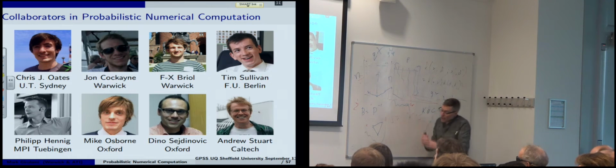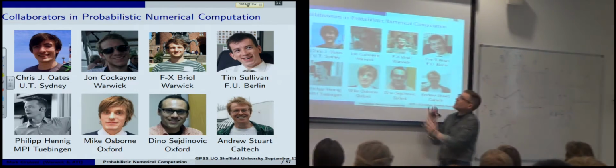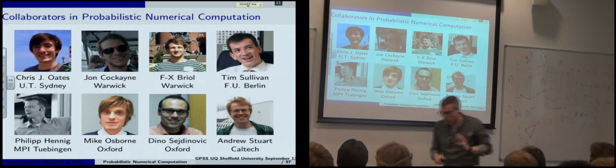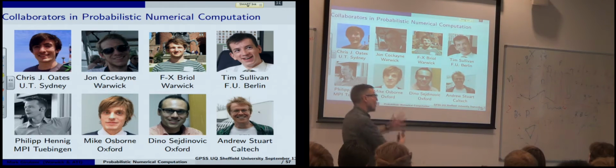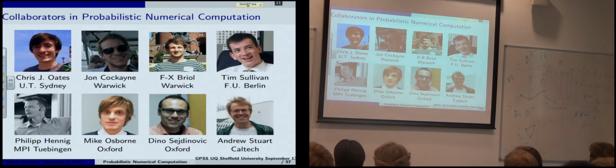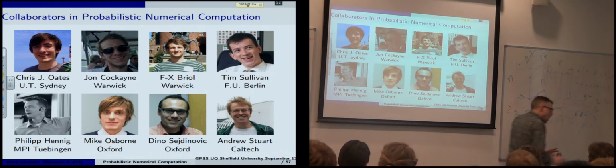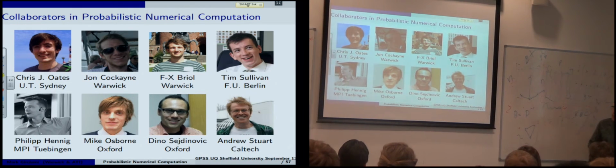Now, I'm going to talk about a program of research that we've been pushing forward. These are some of my collaborators who are working predominantly in this area, and the reason I put them up is because they're the people doing all the work. But more than that, it represents what I think is really exciting about this area of research.